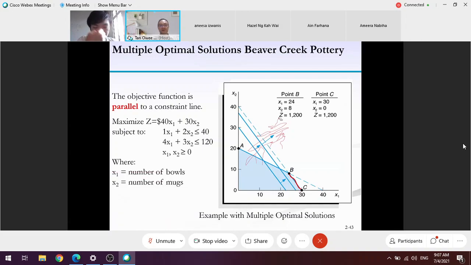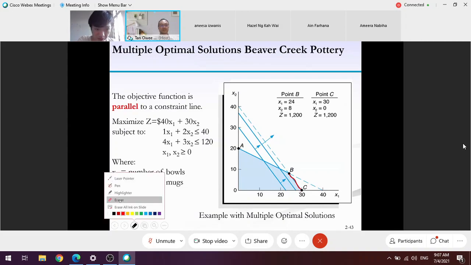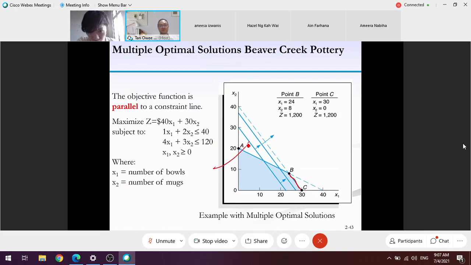Remember the second method that I explained to you, the optimal solution using the point method. Using the point method means you draw an objective function line. Then you're moving outward. The last point that you touch is the point for the optimal solution.